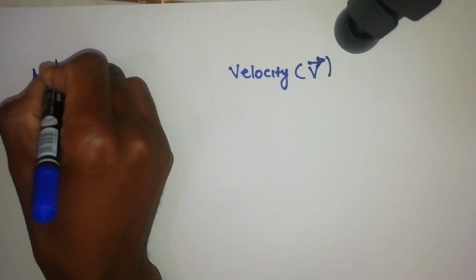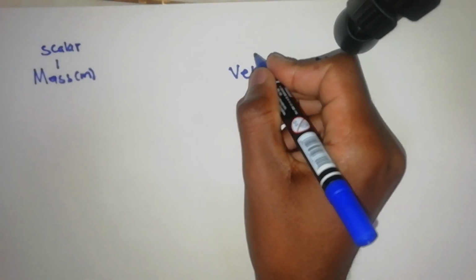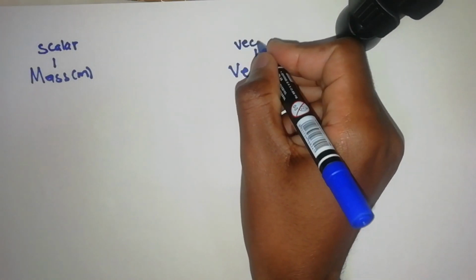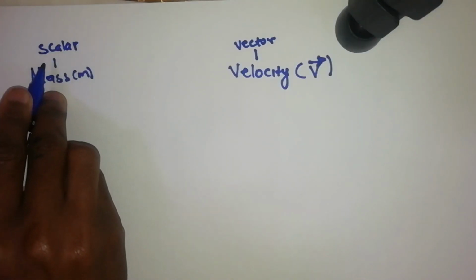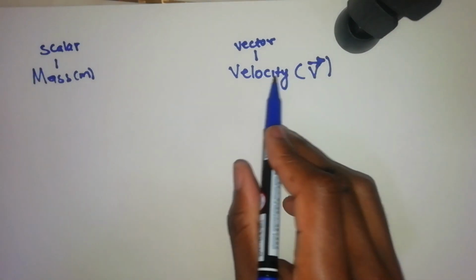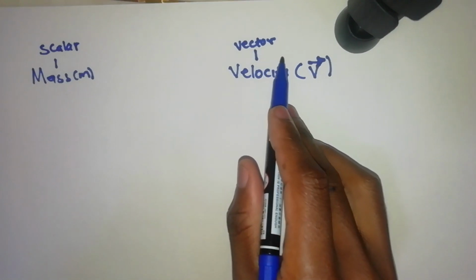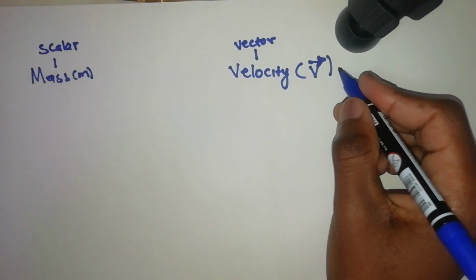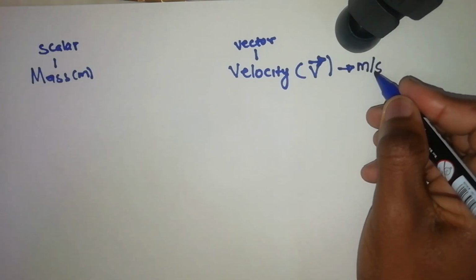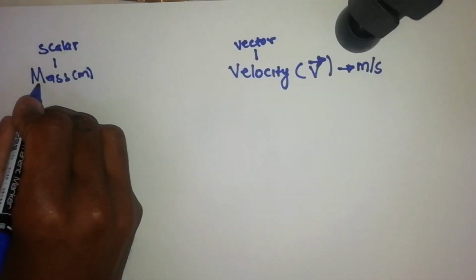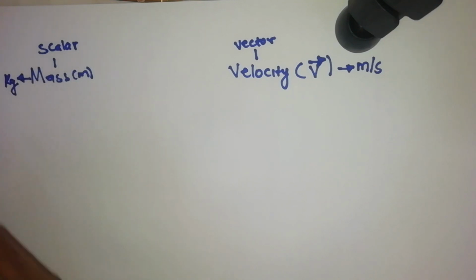We said mass is a scalar quantity, and velocity is a vector quantity. Mass has only magnitude. Velocity has both magnitude and direction. We said the SI unit for velocity is meters per second, and the SI unit for mass is kg.